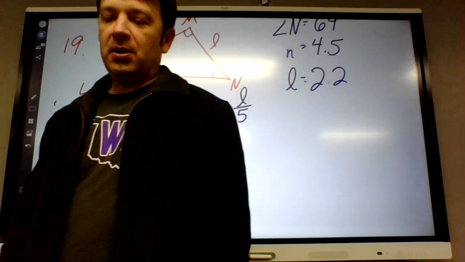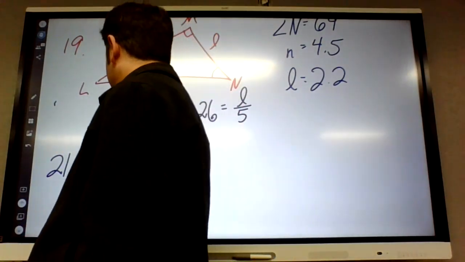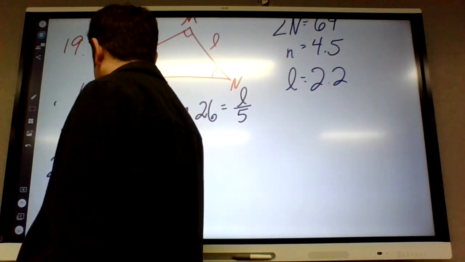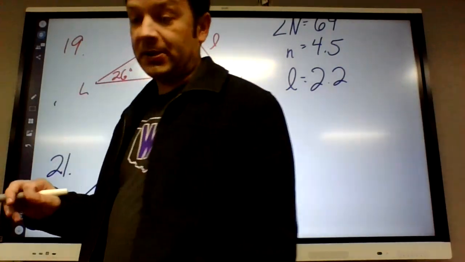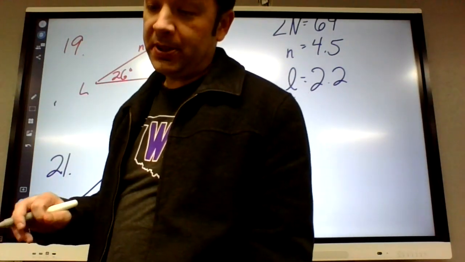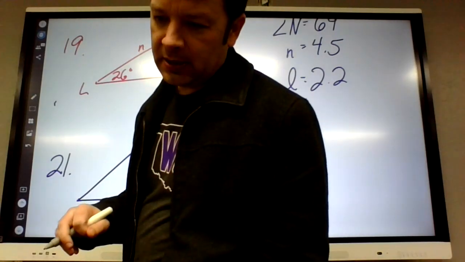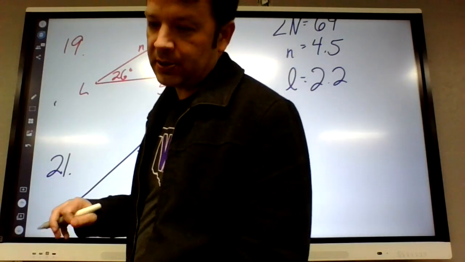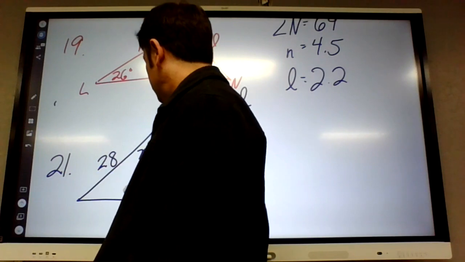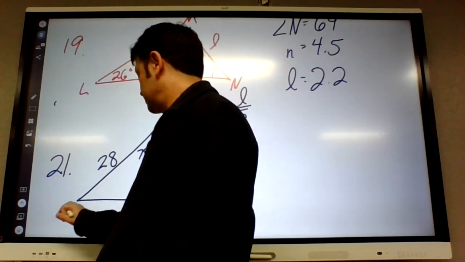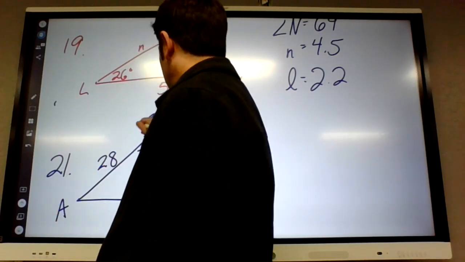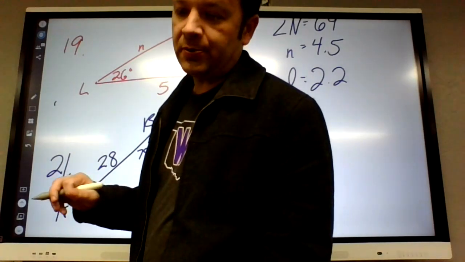I love you, Clay. Okay, on 21, it's pretty much the same thing. It's just like fill in the blank. So angle B is 78 degrees. Side C is 28. Not for 20.